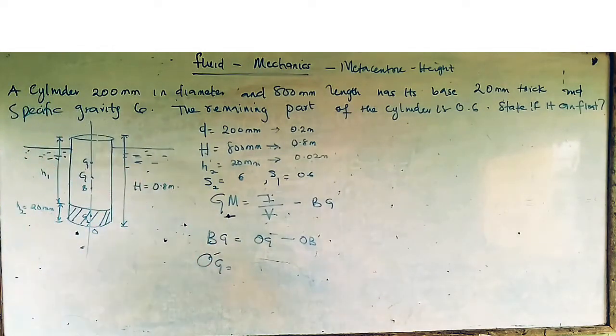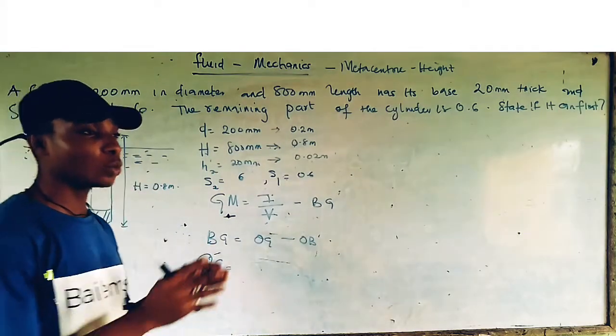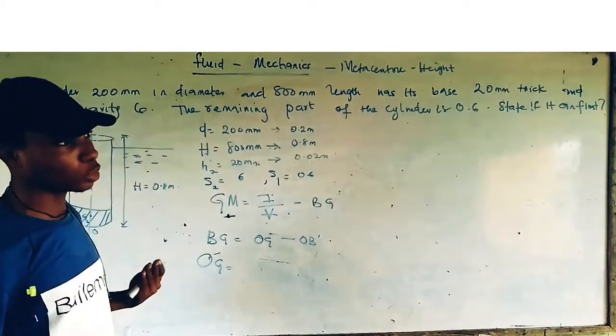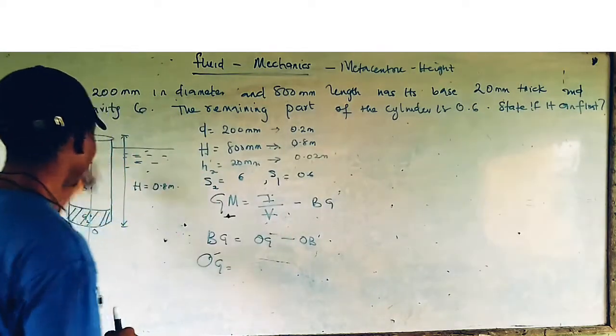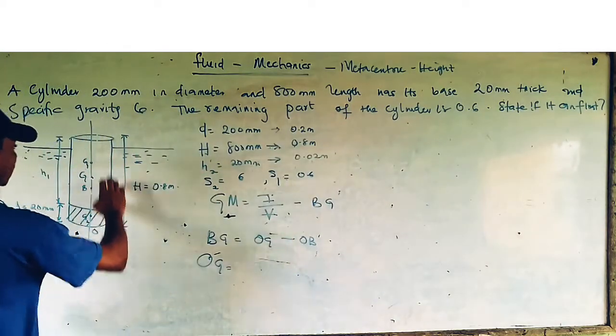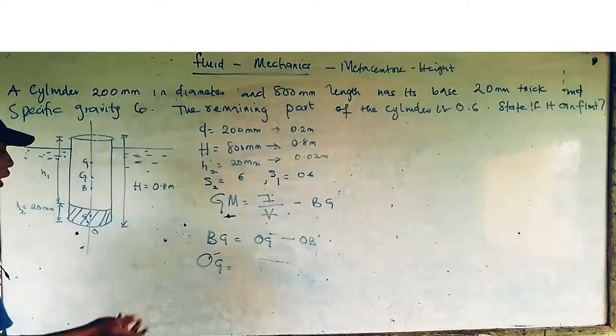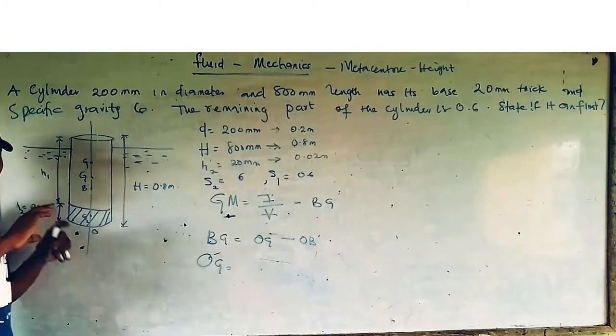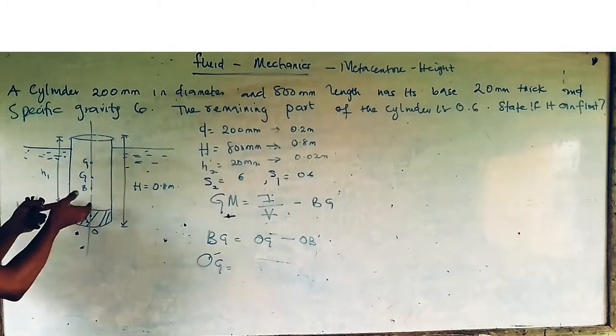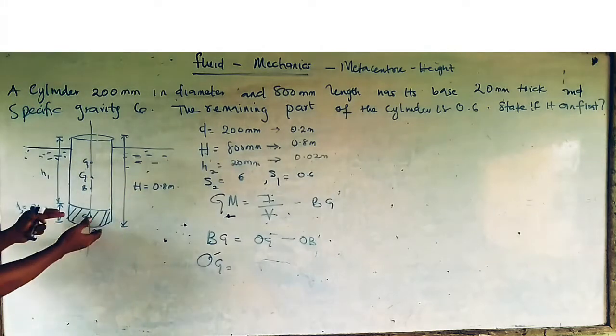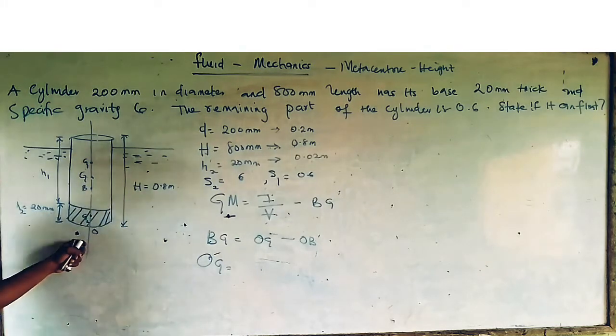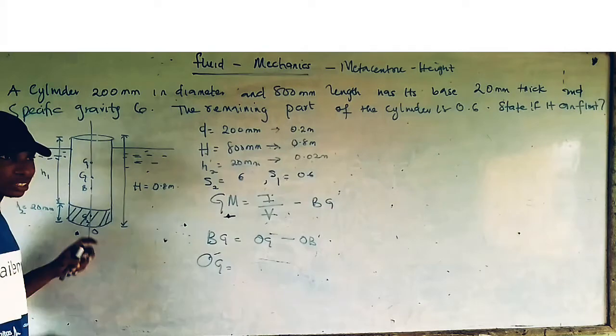Now, to calculate OG, basically we are going to take similarities between the depth of immersion and the height of the cylinder. Since the cylinder is made up of two substances, we assume each has its own center of gravity: the base of the cylinder has its own center of gravity, and the top cylinder has its own center of gravity.